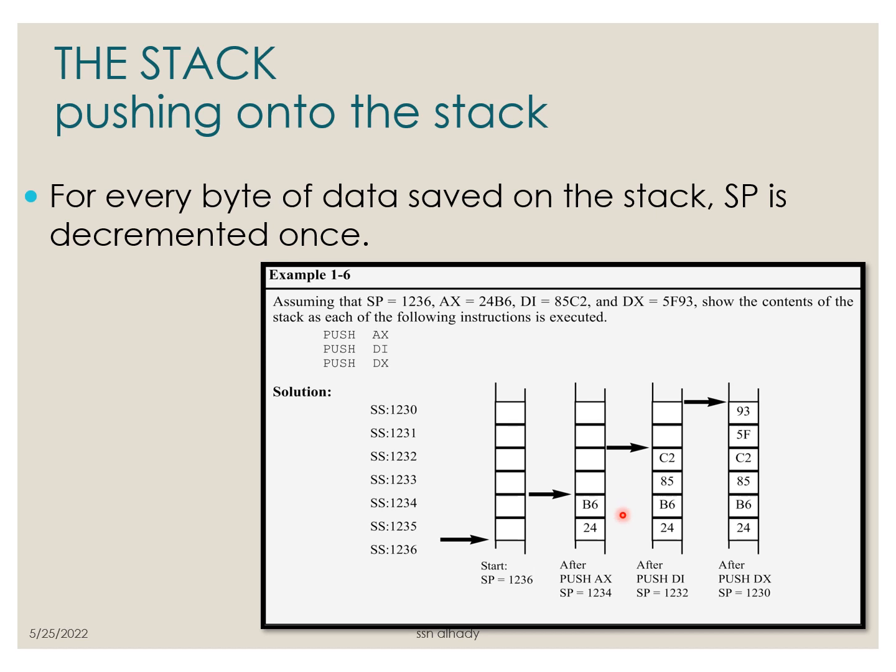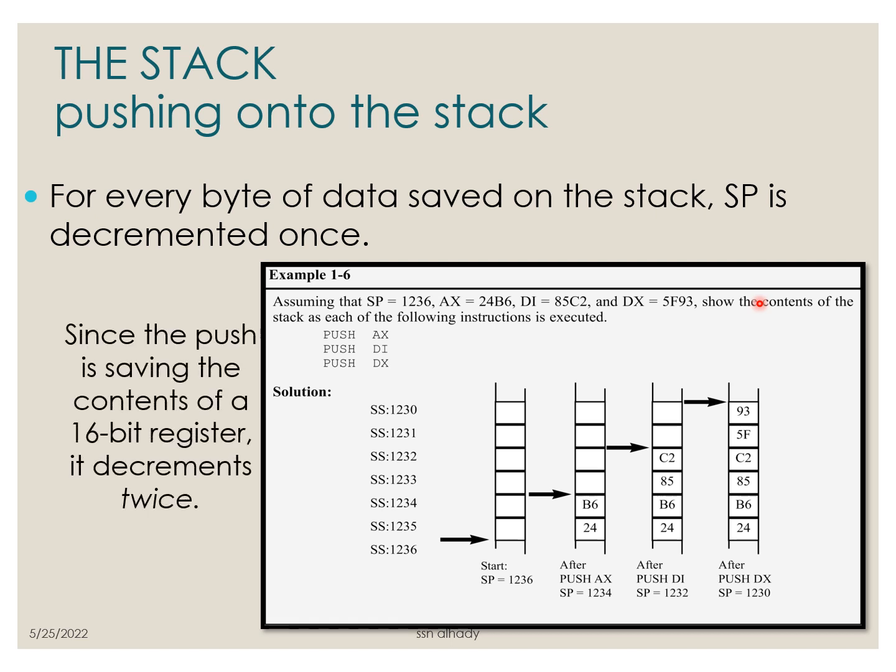We decrement once, and then we put another byte, decrement by 1. Since push is saving the content of a 16-bit register, it is required to decrement twice.